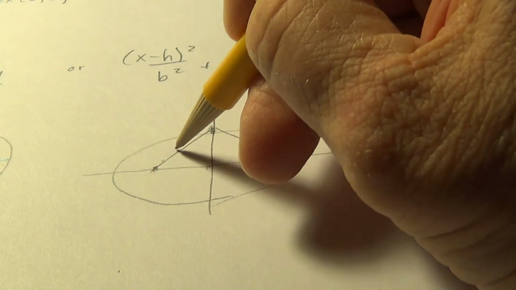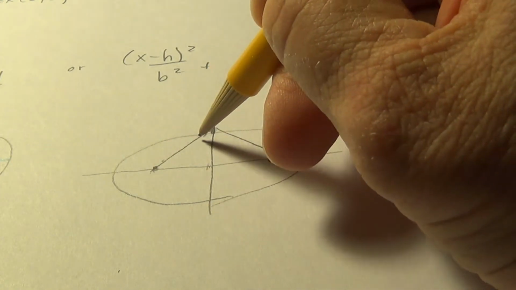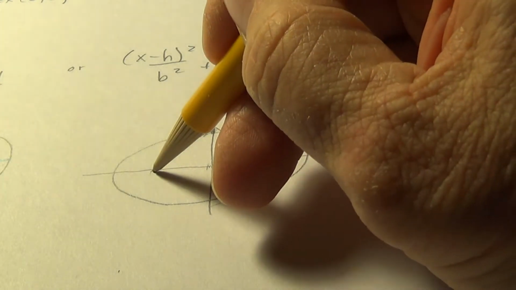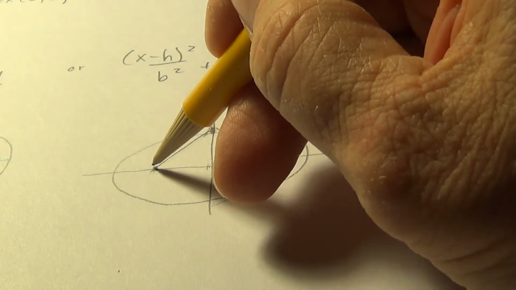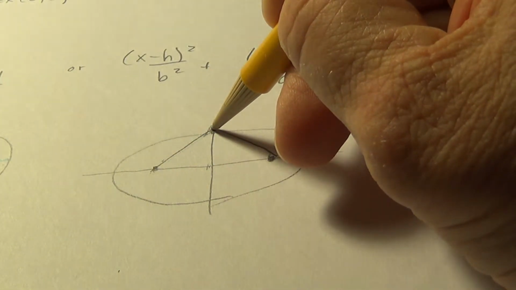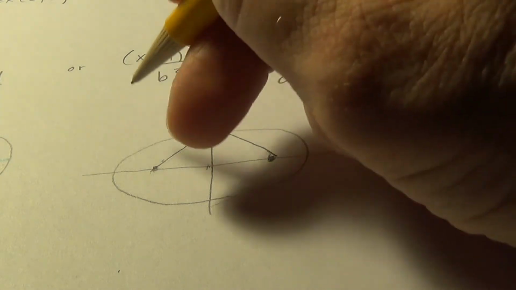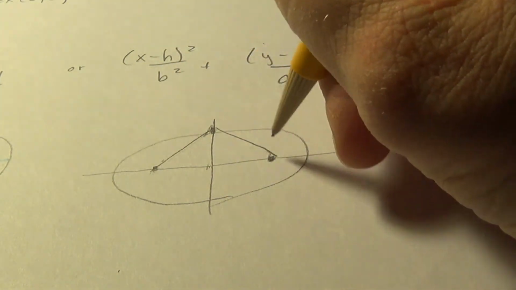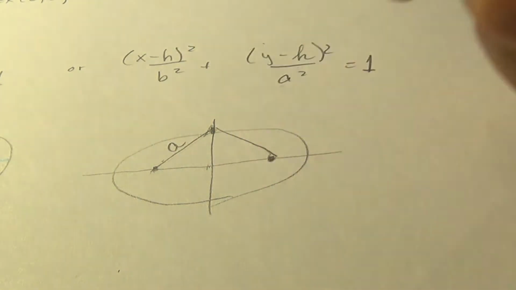So what is this value? Remember, the whole string is 2a. Do you see that the distance from one focus to this vertex on the minor axis is half of 2a? 1a plus 1a. So here's a.